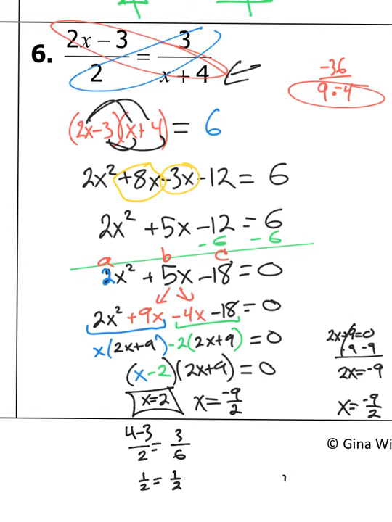So this is good. And then over here, I would get 2 times negative 9 over 2 minus 3 over 2 equals 3 over negative 9 over 4 plus 4, which would give me, let's see, negative 9 minus 3 would give me negative 12 over 2.